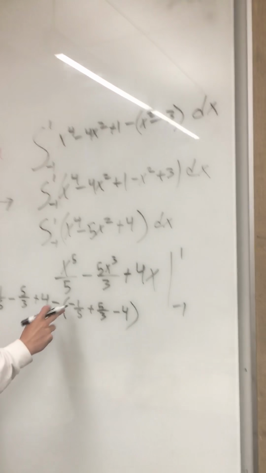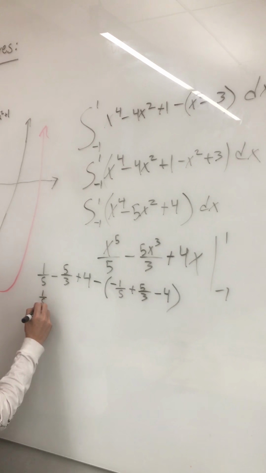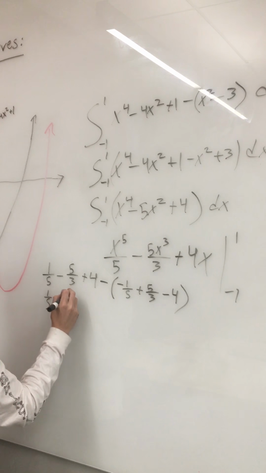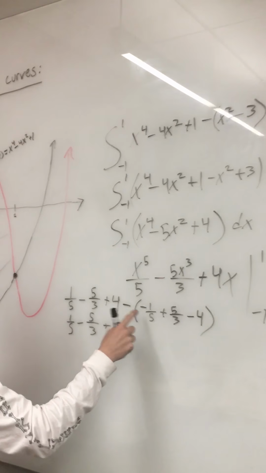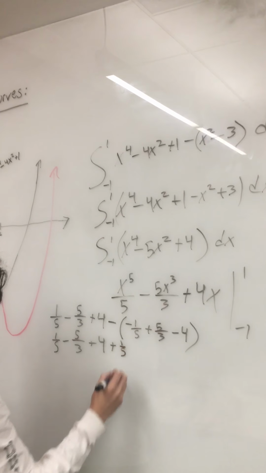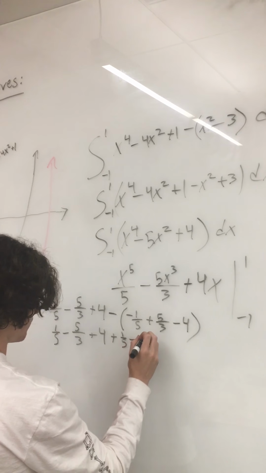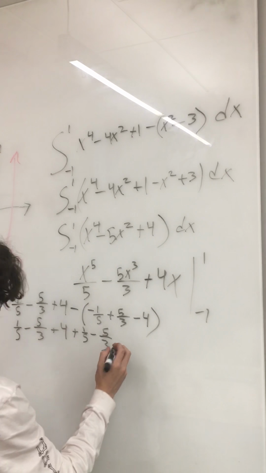Now we just want to distribute the negative, so we'll get 1/5 minus 5 over 3 plus 4, and then distribute the negative, so plus 1/5 minus 5 over 3, and then plus 4.